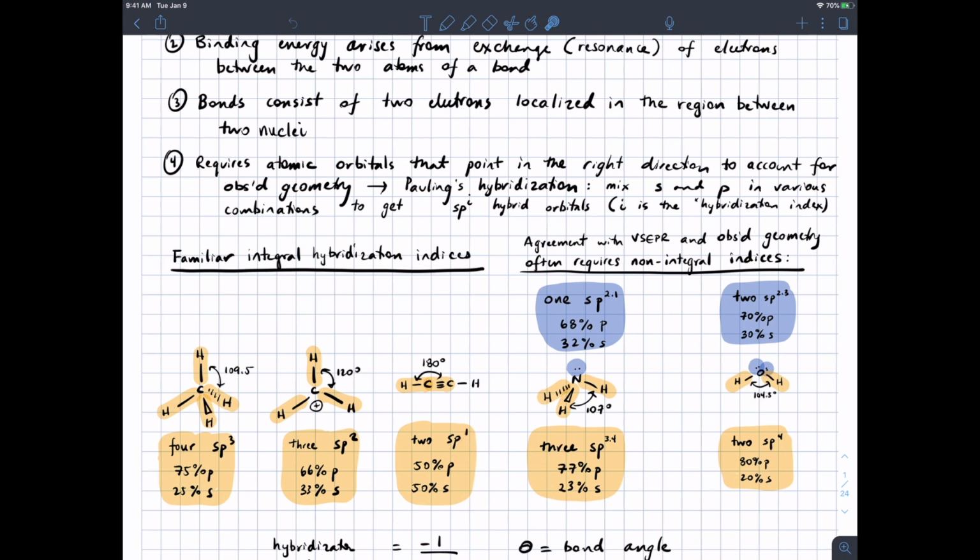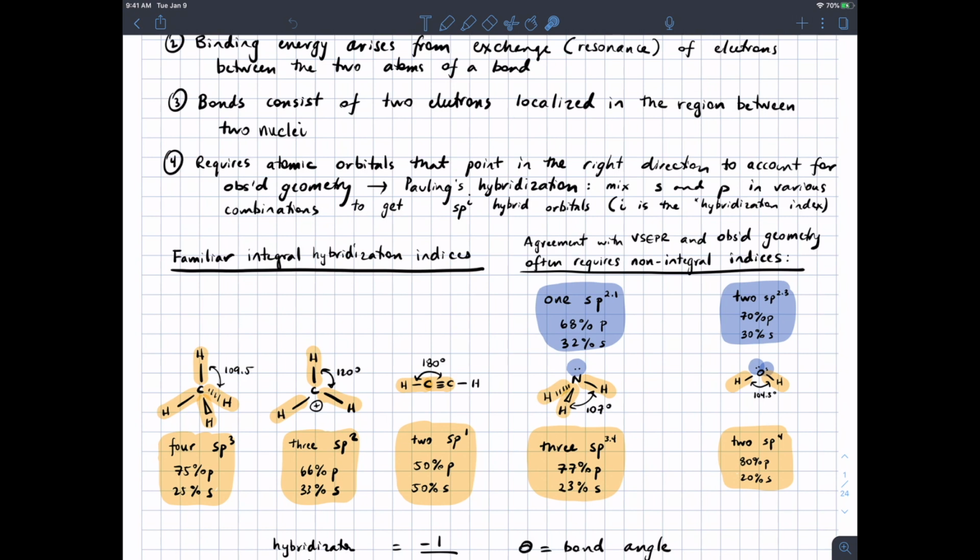The thing that was sort of new to me is that you can have hybridization that has a non-integral number above the p. You don't have to mix them together in ratios that can be summarized with 1 to 1, 1 to 2, 1 to 3, and so on.